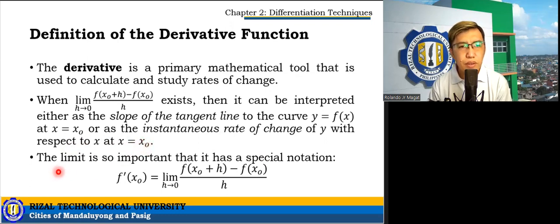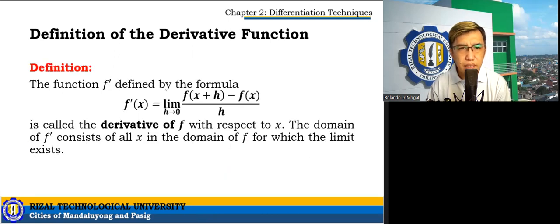The limit is so important that it has a special notation, which is f prime of x naught. This is read as f prime of x naught, and it is the limit of f of x naught plus h minus f of x naught all over h as h approaches 0. Because of that, we have a formal definition of the derivative of a function in terms of f prime.